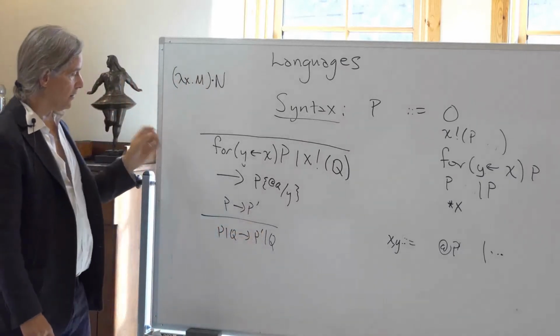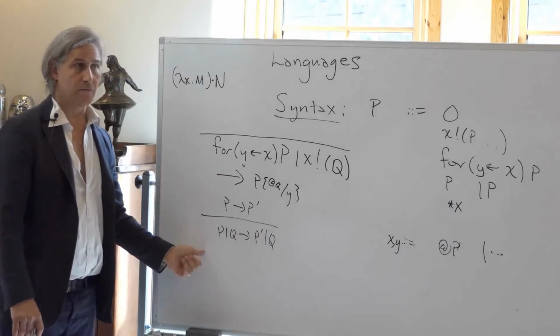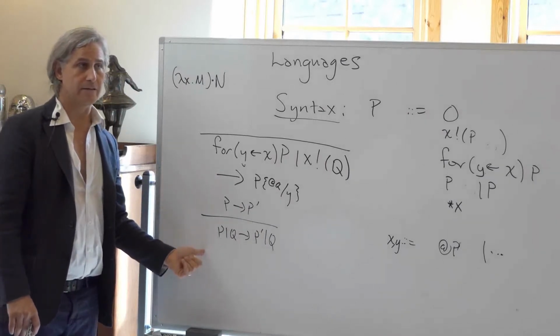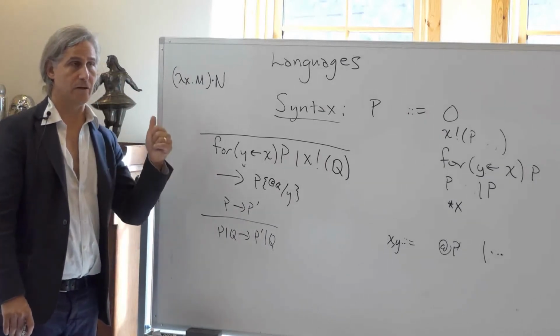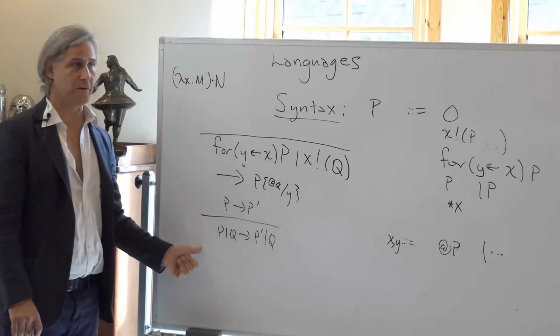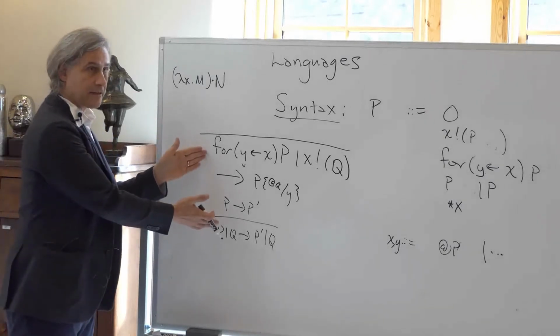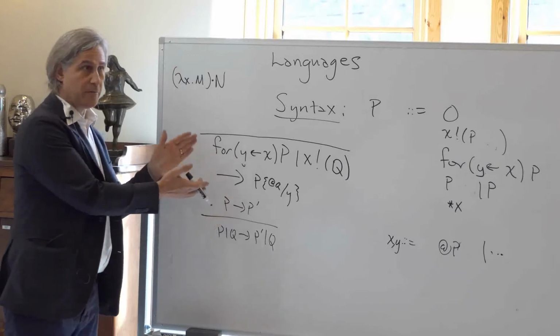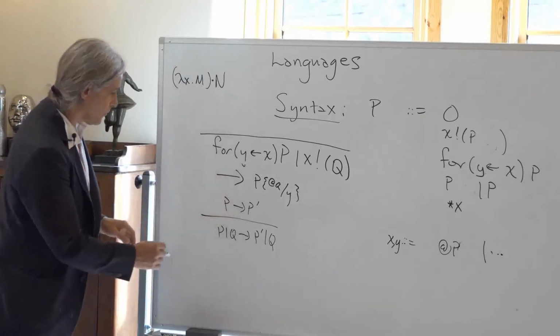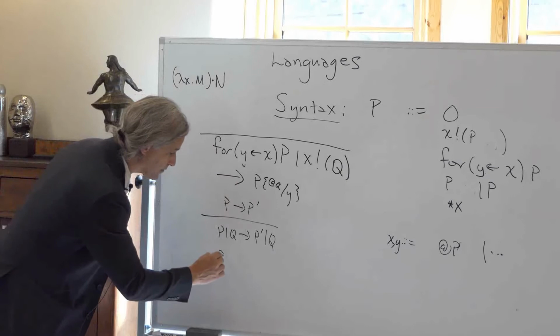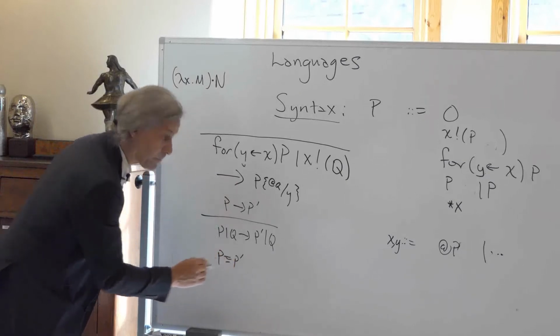And then the last rule is a rule that every calculus needs, which is to close up under the structural equivalence so that the semantics is not with respect to specific syntactical forms, but with respect to the meaning of the syntax. So suppose that P is structurally equivalent to P prime.